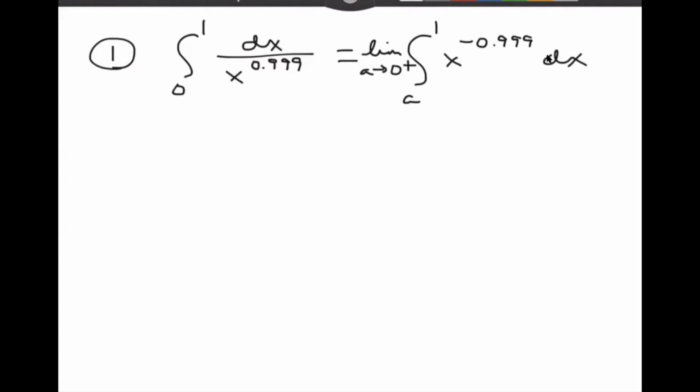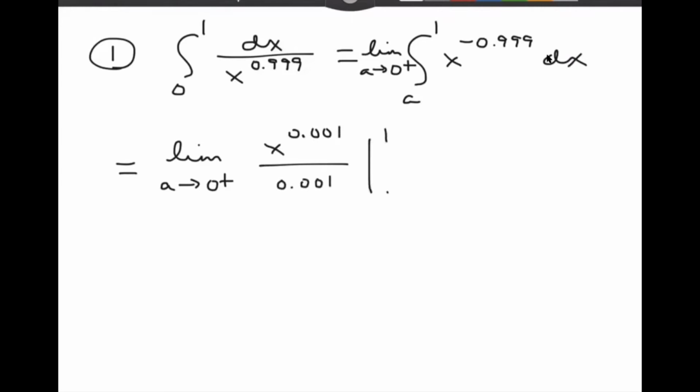All right, and once again, by the backwards power rule, that antiderivative is x to the power negative 0.999 plus 1, which is x to the 0.001 divided by 0.001. Plug in 1, plug in a.